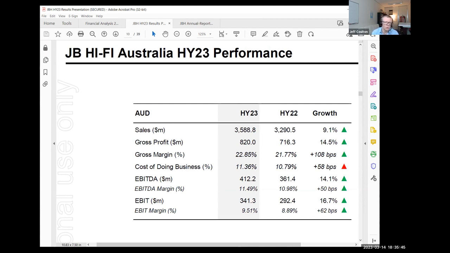So they're making 22, 23 cents on each dollar of sales. And in addition, it's costing them another 11 cents for each dollar of sales on things like store rent, salaries, insurance, legal, all of that sort of stuff.